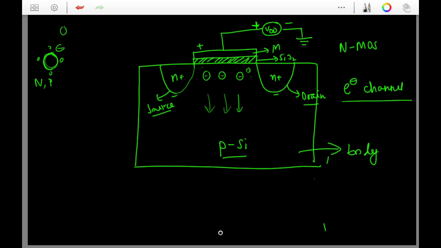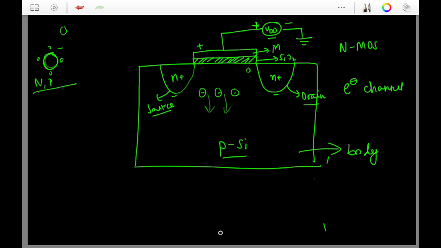How is the current going to be conducted? Now we're coming to that. As you further increase this VDD, now instead of the holes getting repelled, there are ions here which have an extra electron tied to them.